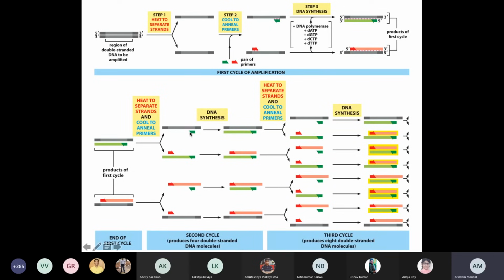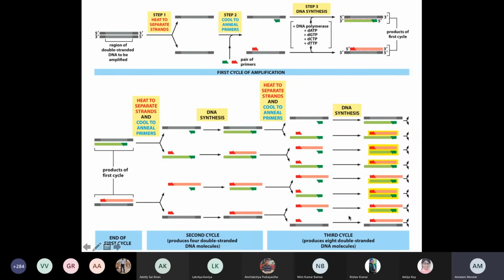Then you perform the annealing process. The primers will anneal, and then you increase the temperature to 72 degrees so that the Taq polymerase can synthesize the complementary strands, right? So by the end of the second cycle, how many DNA products are you getting? 4, right? That means 2 to the power 2.